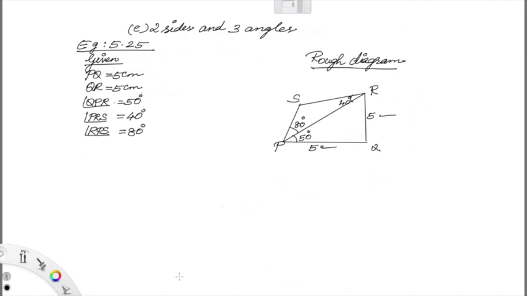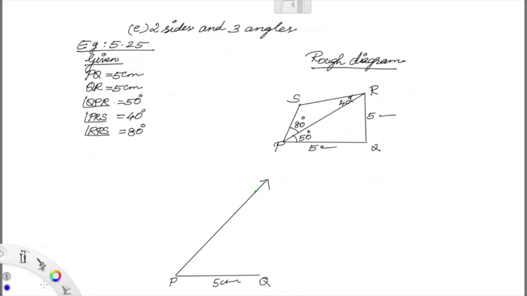Yes, draw the segment PQ 5 centimeter. Take out your protractor, place it at P. Measure 50° in your protractor. Yes, join them. Put an arrow. Now take out your compass.